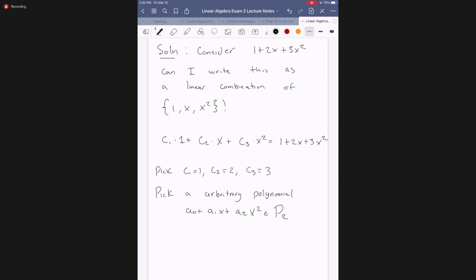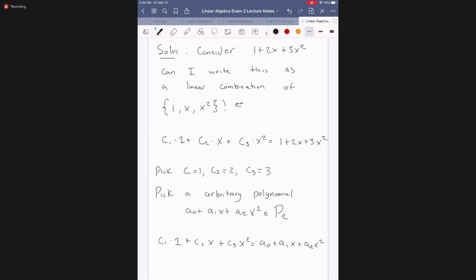Can I write this as a linear combination of these guys right here? Well, yeah. I would have C1 times 1 plus C2 times x plus C3 x squared, and this has to be equal to a0 plus a1x plus a2x squared.